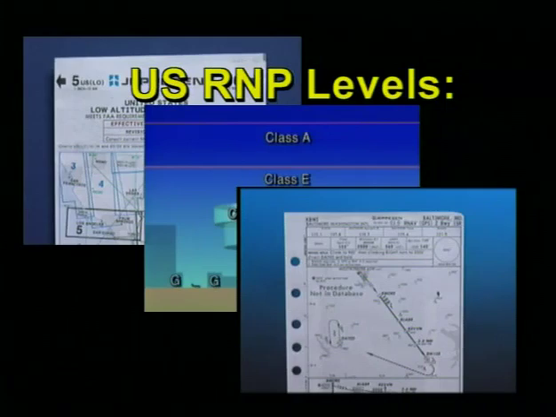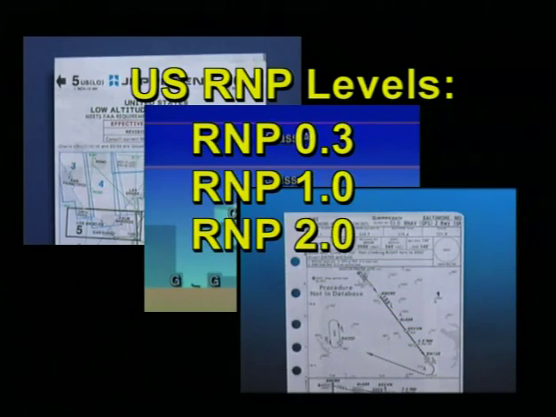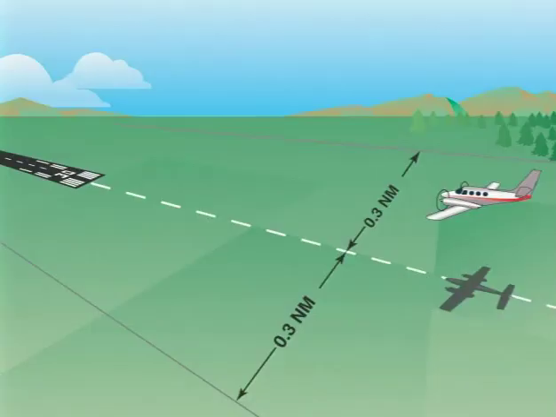Currently, in the United States, there are 3 RNP levels: 0.3, 1.0, and 2.0, but additional RNP levels will be added. RNP 0.3 represents a distance of 0.3 nautical miles, or 3/10 of a nautical mile, on either side of a specified center line. At the present time, a 0.3 RNP level is the highest level.